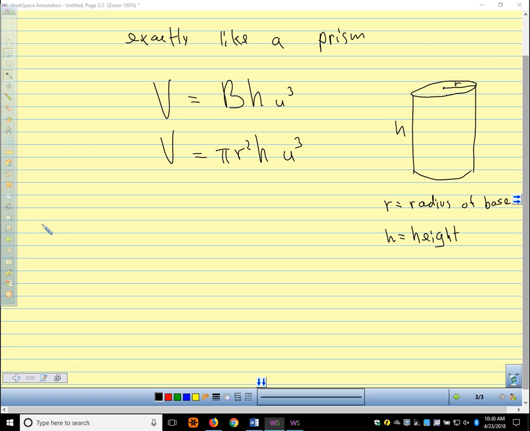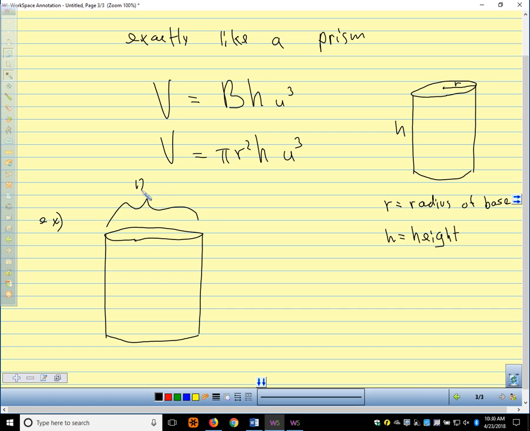All right, so let's look at an example, and then I want to show you another application. And we want to find the volume, and I'm going to say in terms of pi.